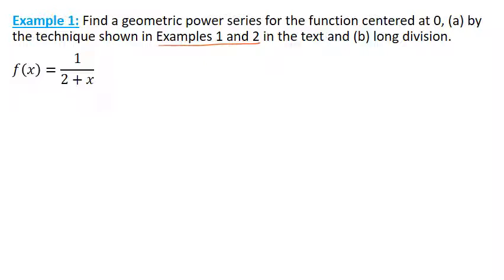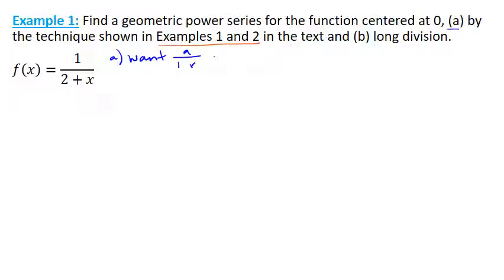Okay, so in part A, when we're solving this part A, we want to end up with a over 1 minus r, because this is the sum of the geometric series. And this is what we want our expression to look like.